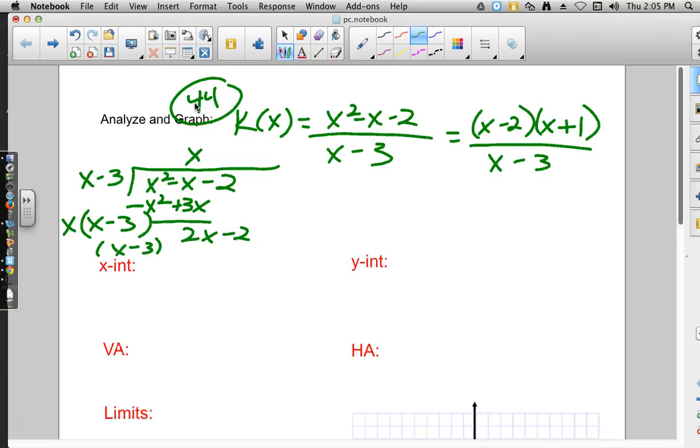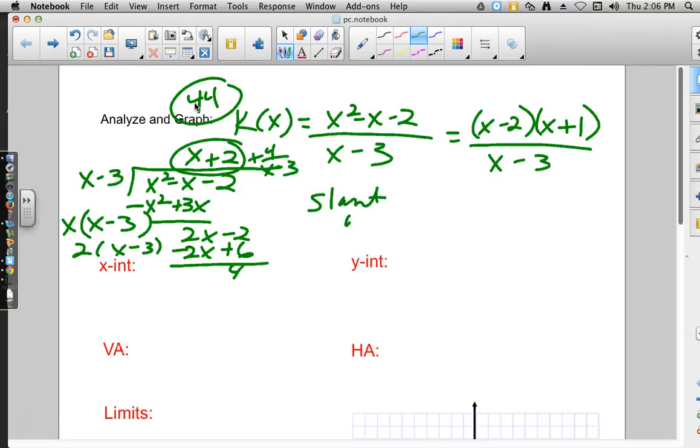So my x minus 3 is going to need a 2. And I multiply that out and get 2x minus 6. Change the signs and add. But that part is the remainder, so I don't necessarily need that. This is my slant asymptote, and that is y equals x plus 2.